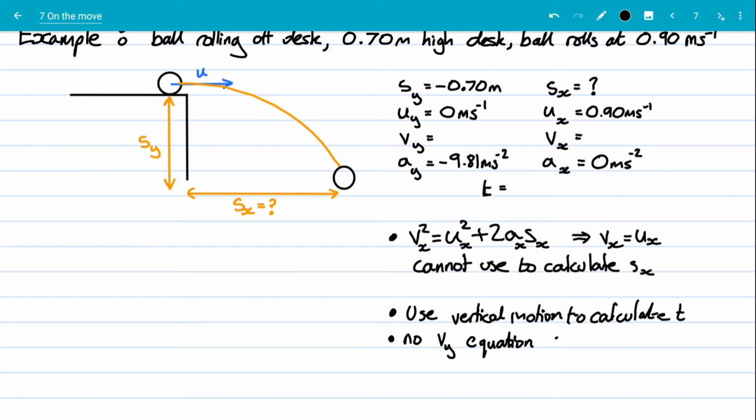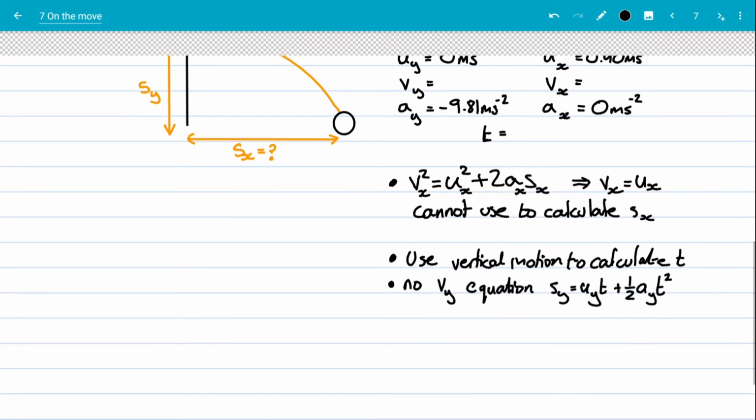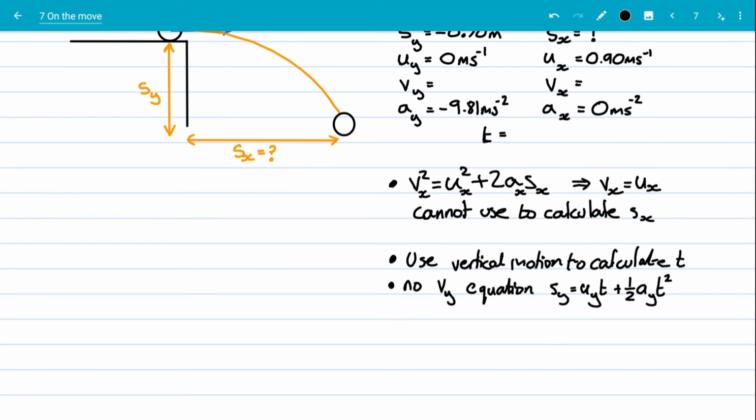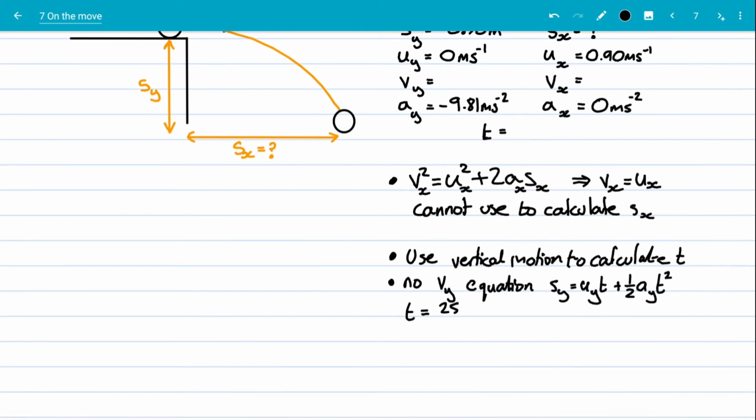So that's going to be sy is equal to uyt plus half ayt squared. Uy is 0, so this just becomes t is equal to 2 lots of sy divided by ay, all under the square root.